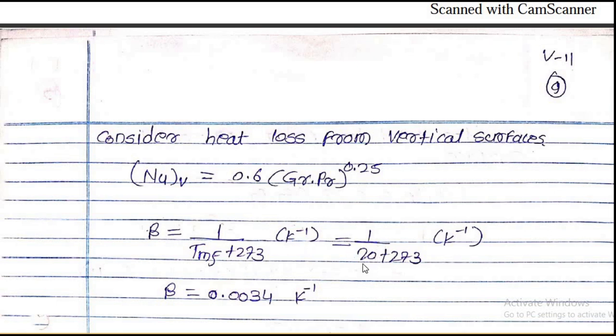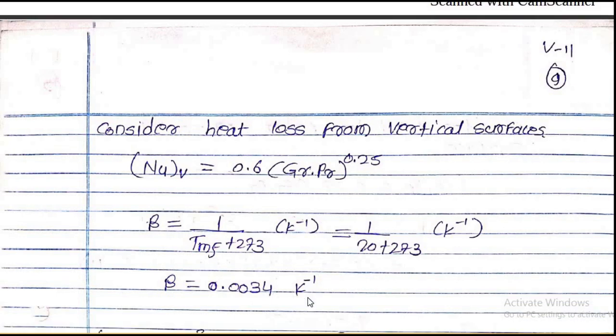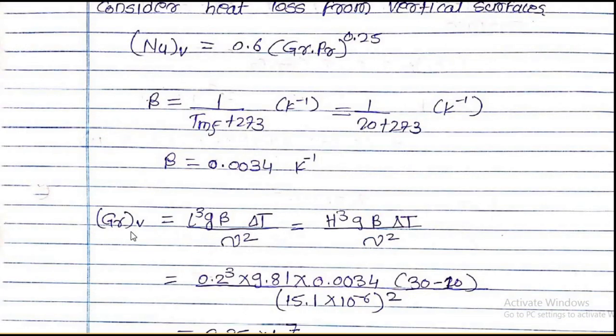The mean film temperature we have determined is 20. So 1 divided by 20 plus 273, and its unit will be Kelvin raised to -1. So beta is equal to 0.0034 Kelvin raised to -1. Now we can determine the Grashof number for the vertical surface.